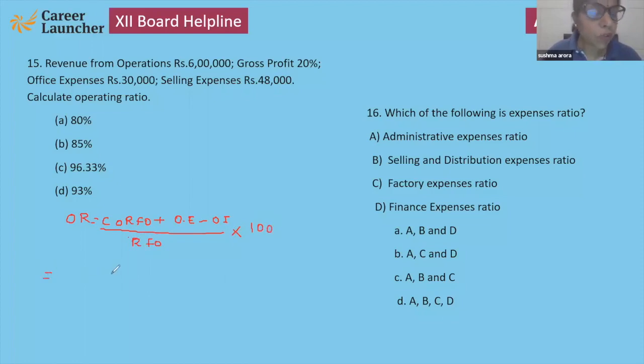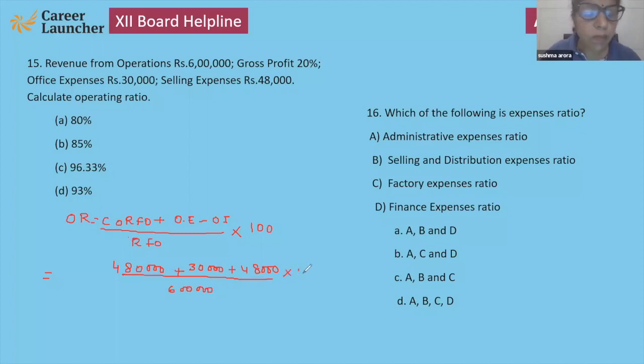Here, COGS is given as 4,80,000, and operating expenses are given as 30,000 and 48,000. Clear? RFO is also given as 6 lakh.